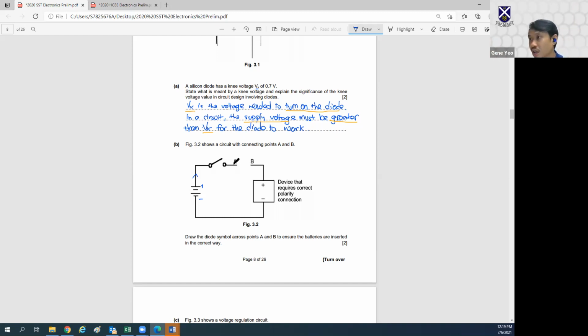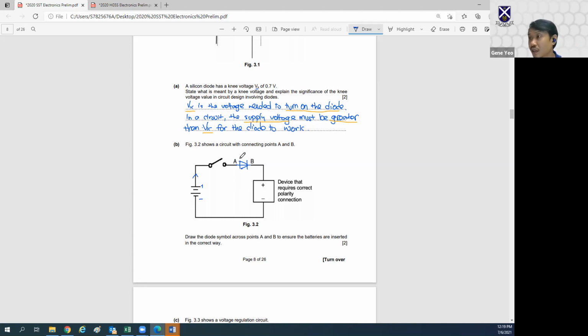So in order to make sure that the current only flows in this direction, what I can do is add a diode. So this is testing whether you know where the anode and the cathode of the diode are.